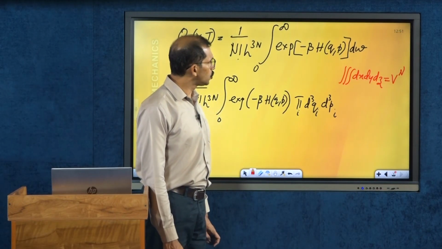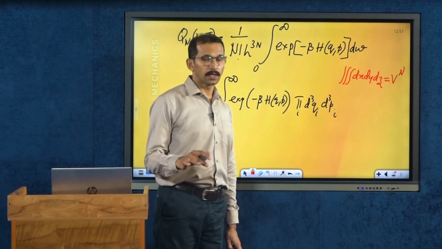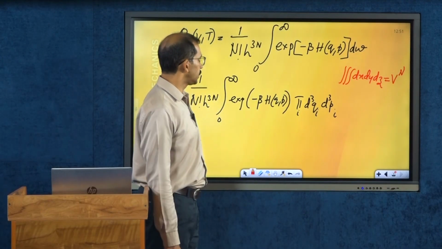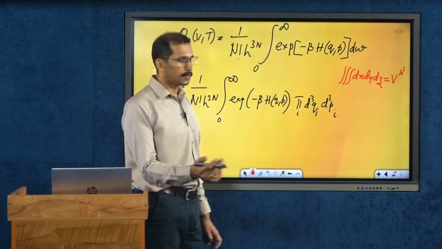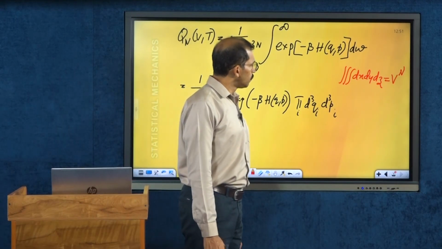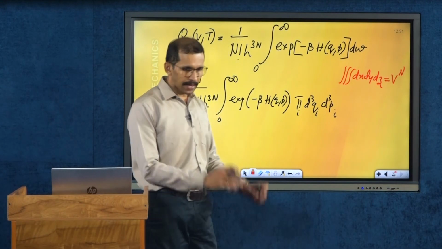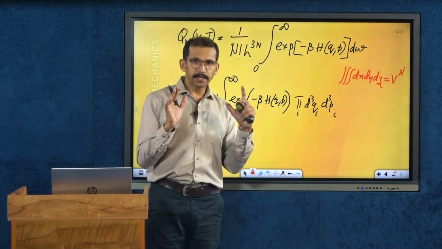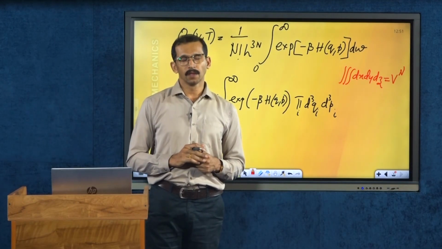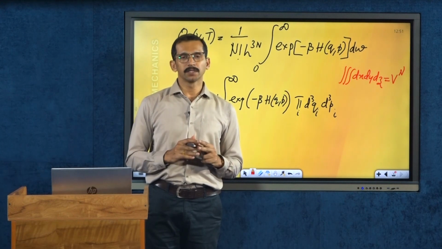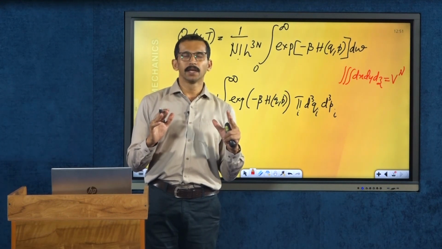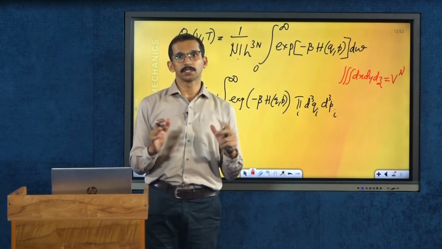Now, we need to make the integration over the momentum space, right. How do we do that? For that purpose, we imagine that there is a momentum space. In that momentum space, we need to imagine that there is a volume for the system, right.